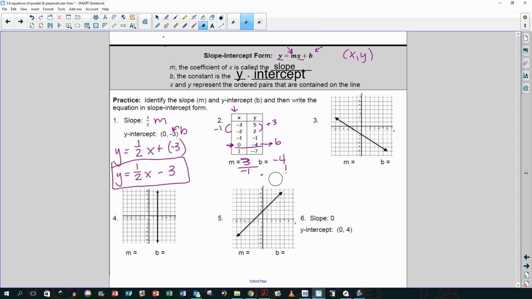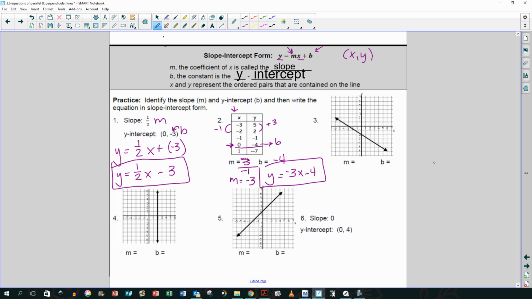Backtrack that. I was looking at the wrong problem. All right, here we go. Try that again. The slope becomes -3 because 3 divided by -1 is -3. Therefore, my equation is y equals -3x minus 4. So there is your equation of number 2.